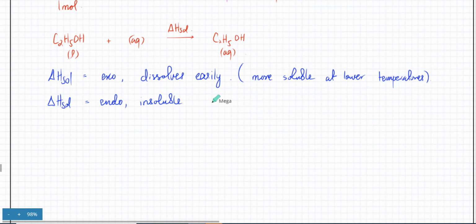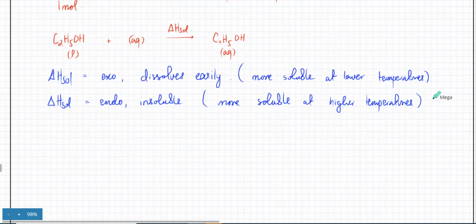Until you give it heat, it's not going to dissolve. So it's going to be more soluble at higher temperatures. Endothermic processes are more soluble at higher temperatures.